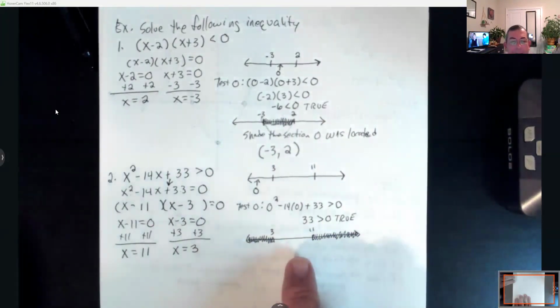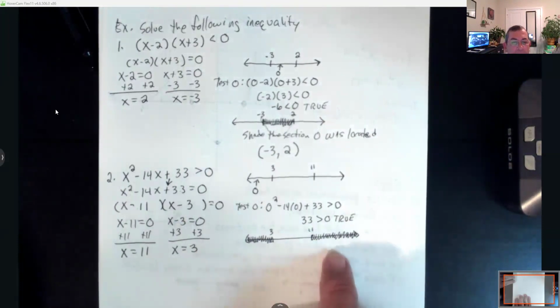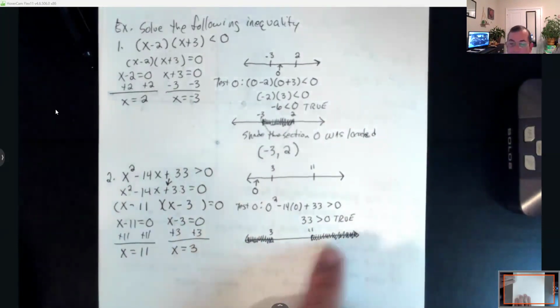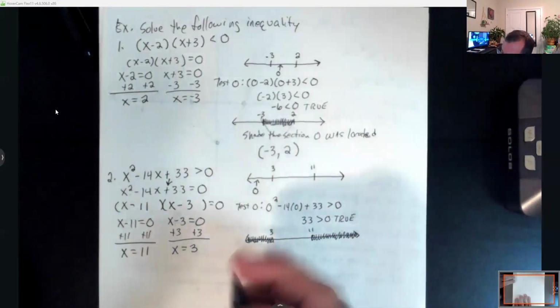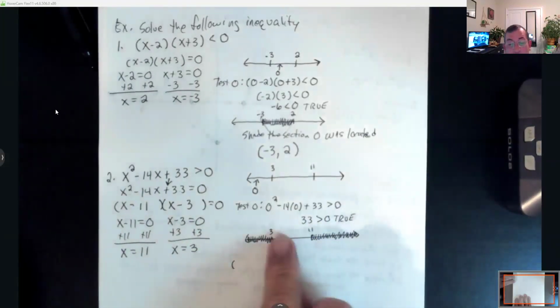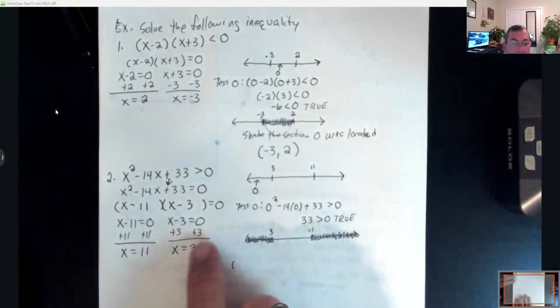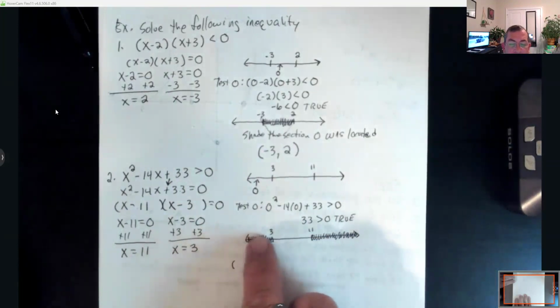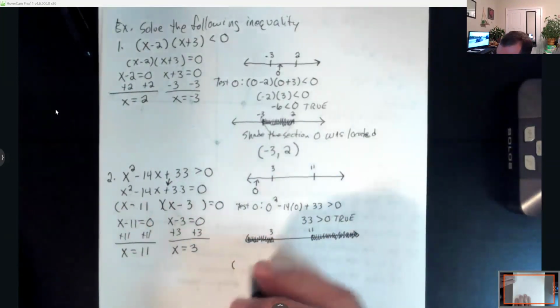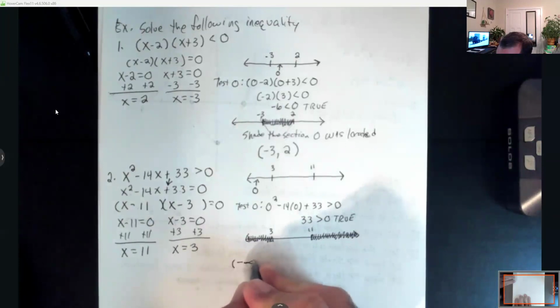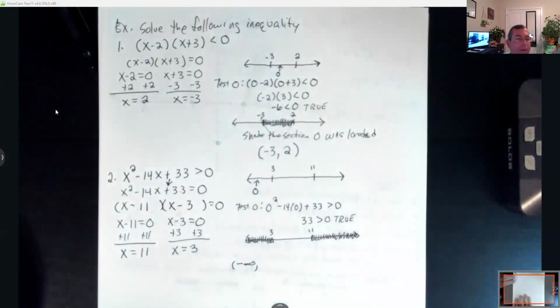Now, all we got to do is write this in interval notation. So since you're shading the outsides, your interval notation will have two sections. This left side is starting at -infinity till it gets to the 3. Oh yeah, y'all, parentheses or brackets on this one.